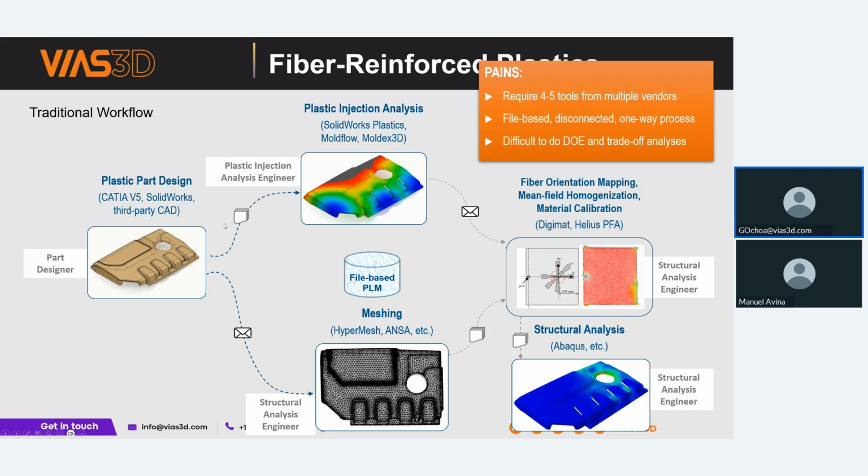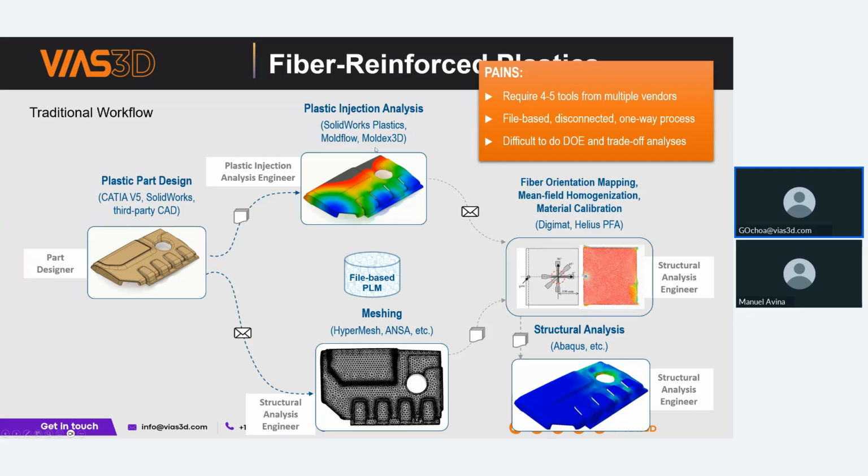And we share the CAD design with the injection molding simulation user to perform the manufacturing simulation process. And then we send the same file to the structural simulation user, or probably the meshing engineer. And this is a file-based system, right? So we send maybe the same model, but different files to each of these users.